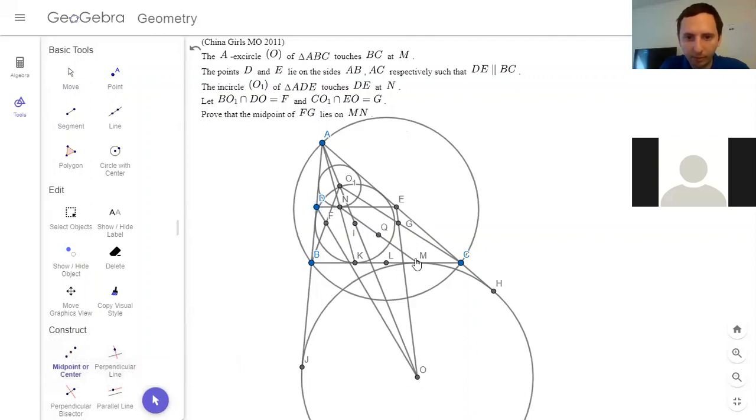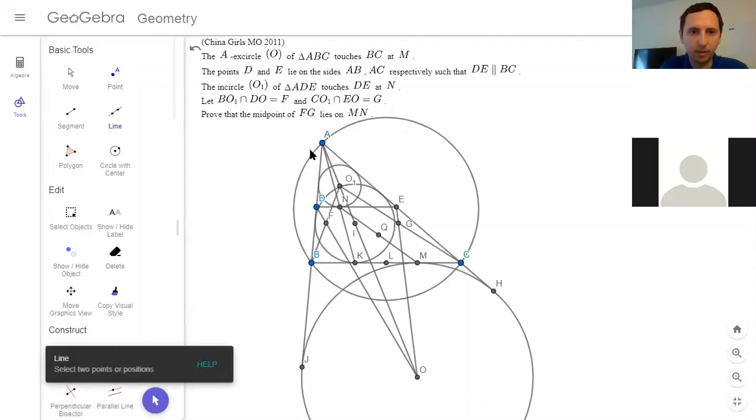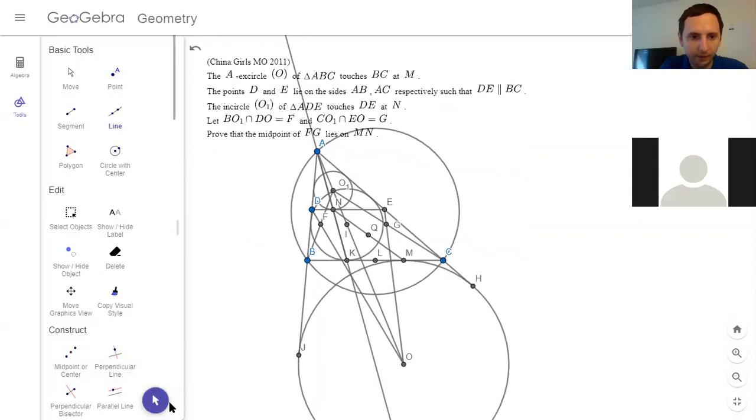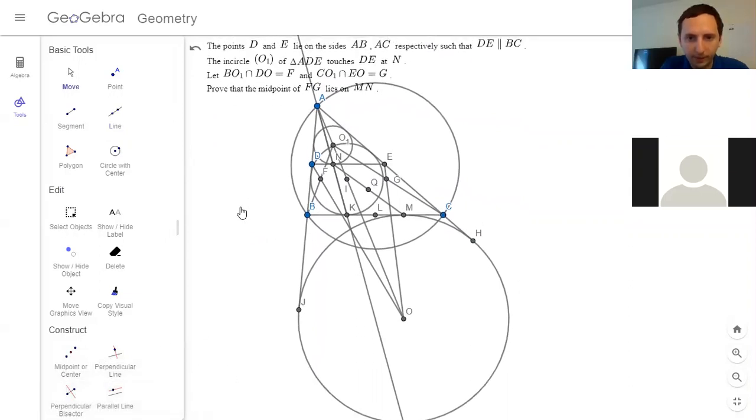it might also be worth letting AK meet the X circle. The diagram's getting a little crowded, but if I let AK meet the X circle, then the midpoint of MN, and Q, L, and O are collinear, right?